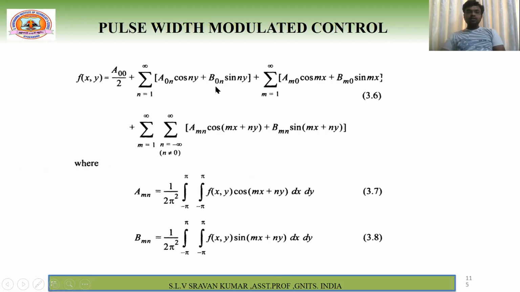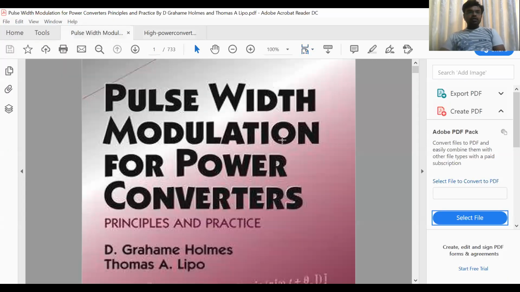This is the equations for double Fourier series, which I have taken from one high standard textbook. I will show that one. That textbook is this one. One second. Here, this is the textbook, Pulse Width Modulation for Power Converters, by D. Graham Holmes and Thomas A. Lipo.